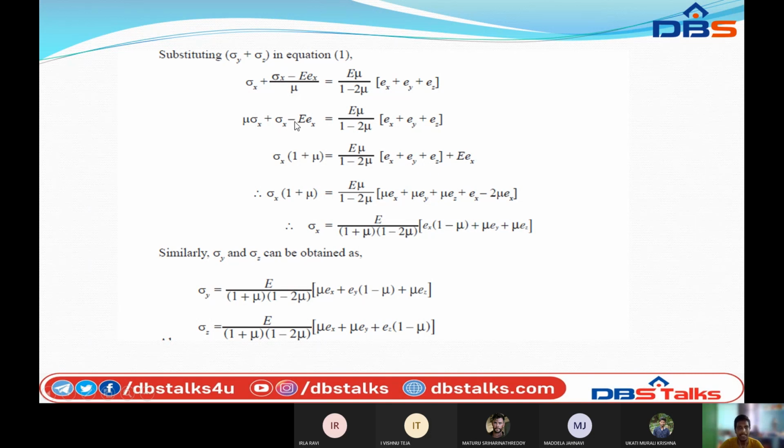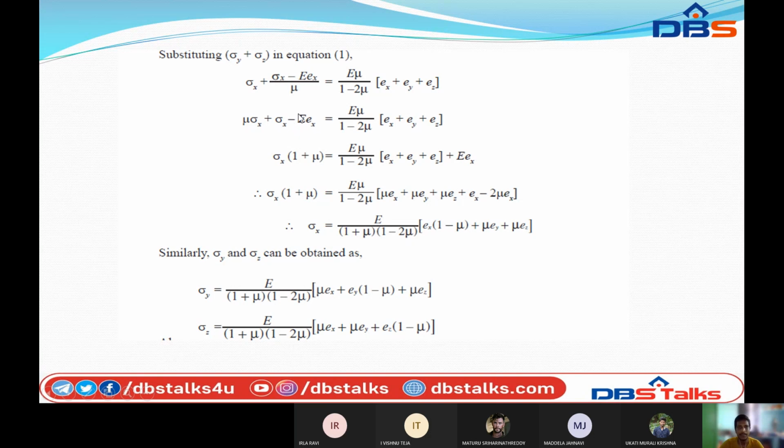This term, which is negative on the left-hand side, is sent to the right-hand side, the RHS.